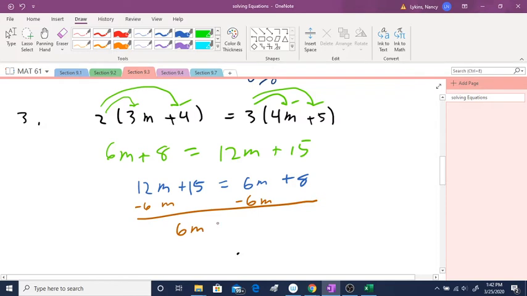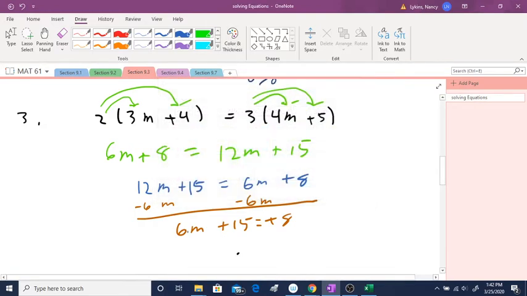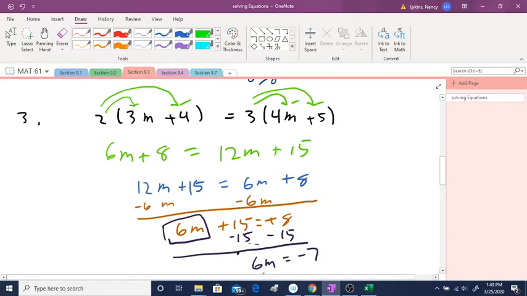So you get 6m plus 15 equals a positive 8. Then I'm going to subtract the 15. I've got 6m equals negative 7. Divide by 6. m equals negative 7/6.